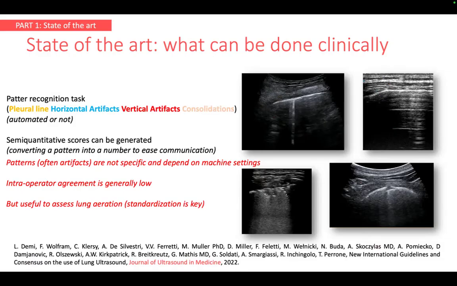And this means that also automated systems trained on the ground truth generated by clinicians will still contain this strong level of subjectivity. Nevertheless, these techniques, although they have these limitations, are still useful to assess lung aeration because you can monitor lung deaeration and reaeration, although standardization is key.